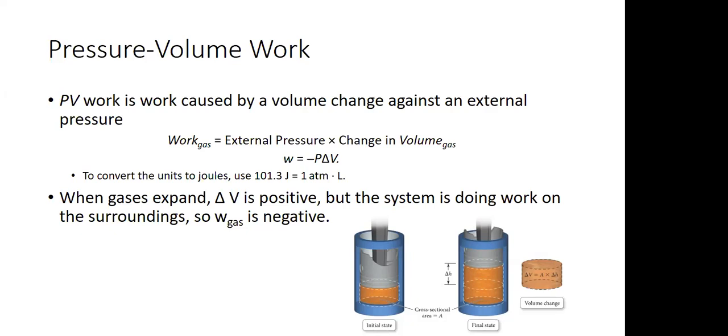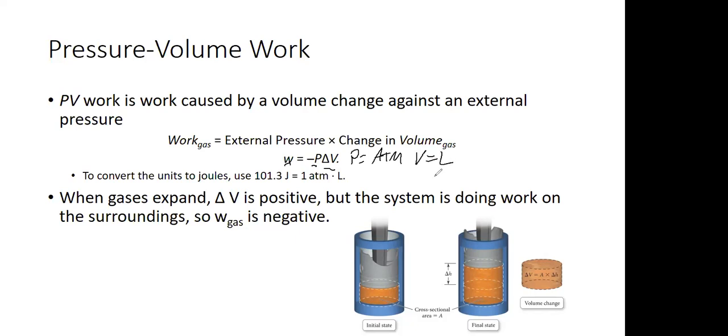So the equation for this is relatively simple. Work equals negative pressure, so the external pressure, multiplied by our change in volume. Now, the one tricky thing about this is when you do this equation, you want your pressure in atmospheres and you want your volume in liters.